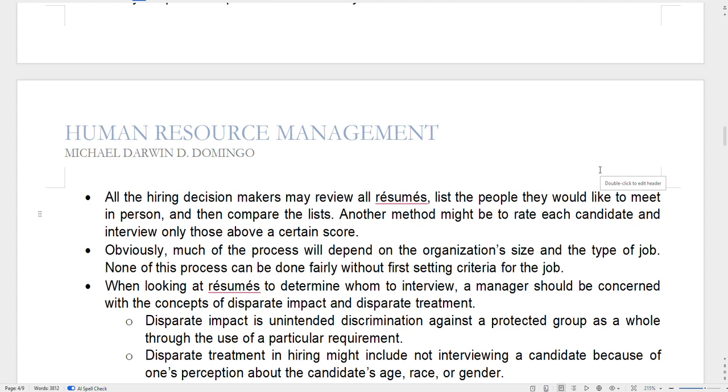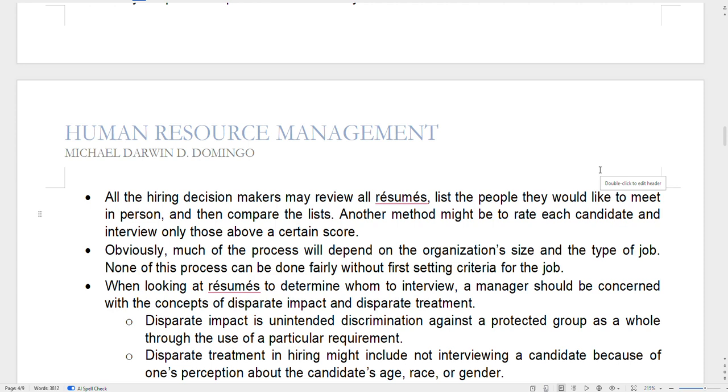While disparate treatment in hiring might include not interviewing a candidate because of one's perceptions about the candidate's age, race, or gender. So, whether ito ay intended or unintended discrimination, we have to, as much as possible, if we can avoid it, let's avoid it kasi that will be unfair.